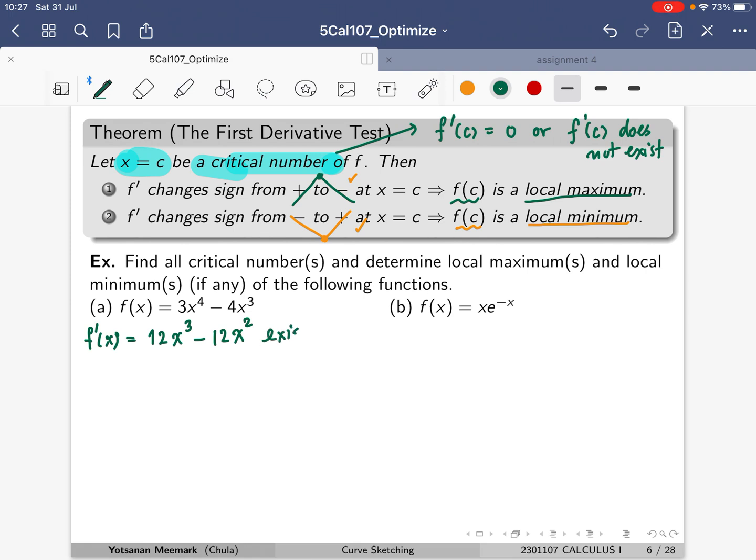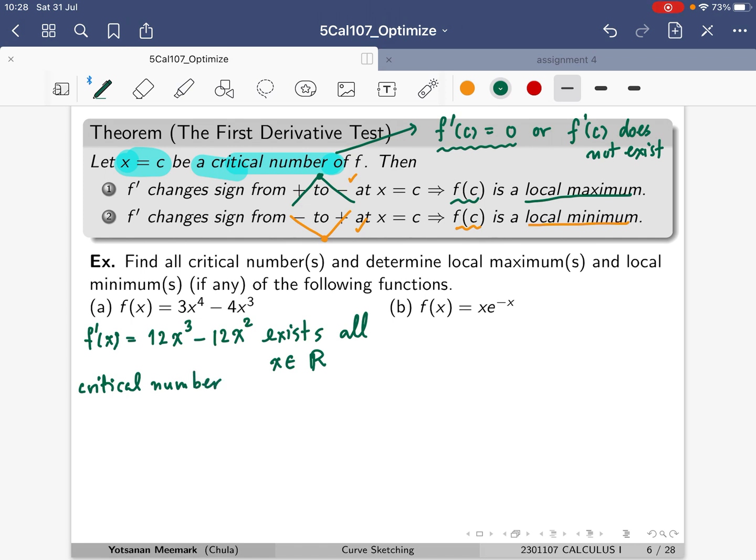So your f prime exists for each and every value of x in the real numbers. So the critical number will have only the first type, which is your f prime at that point equals 0. So you solve for a critical number first.